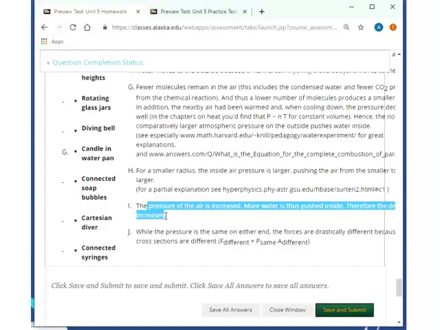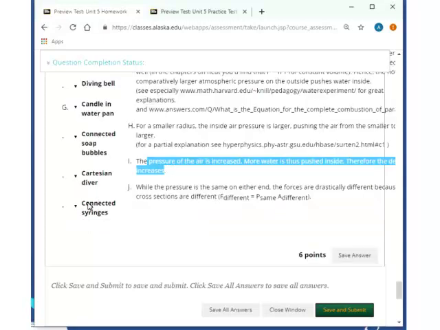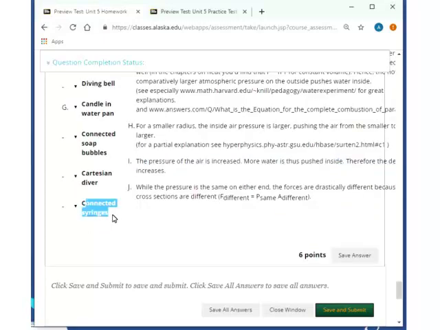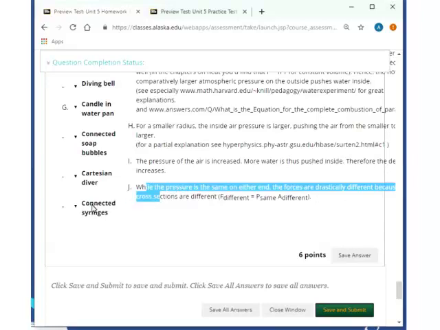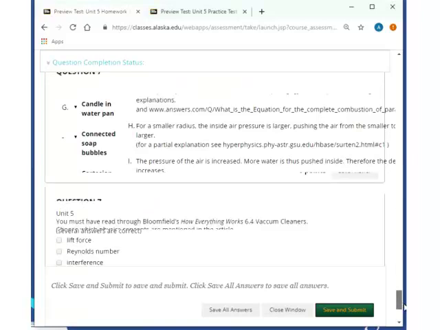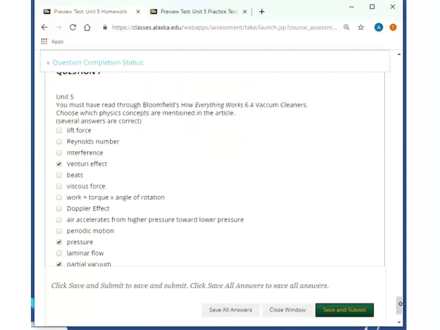But you would have to watch the video that I made in order to make sense of these kinds of experiments. Connected syringes, I actually described that in the practice test in midair, but again, look at the video. While the pressure is the same on either end, the forces are different because the two syringes are of different sizes.